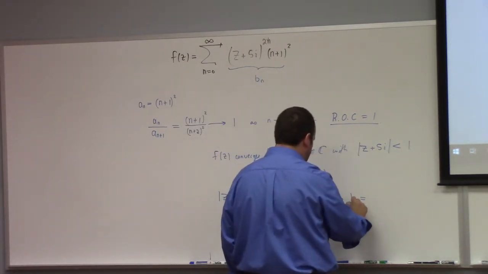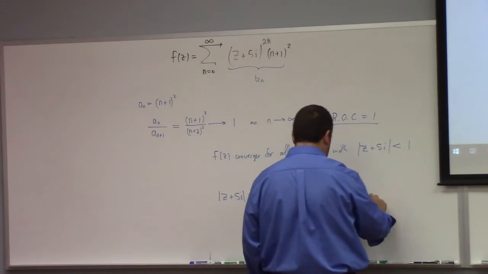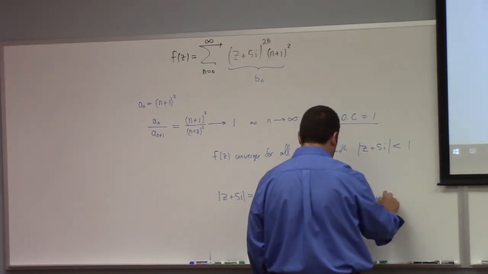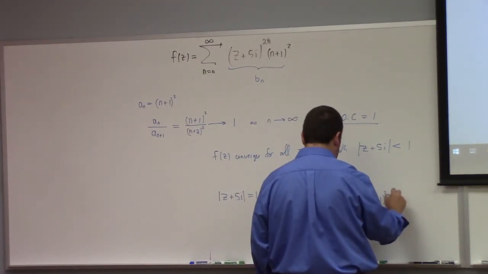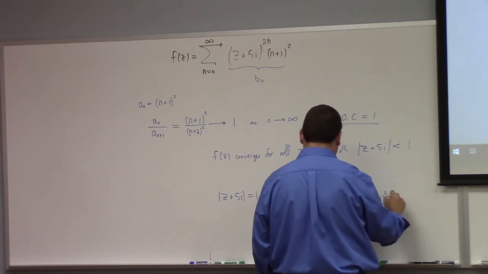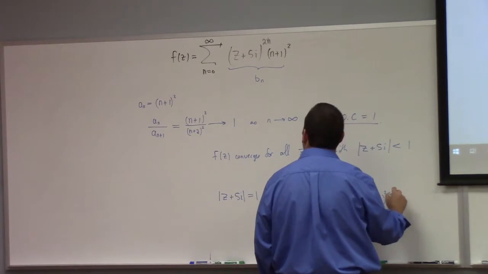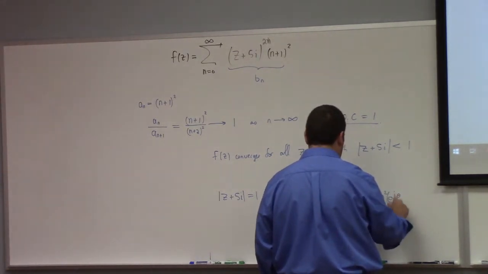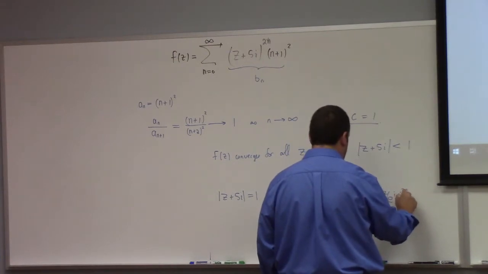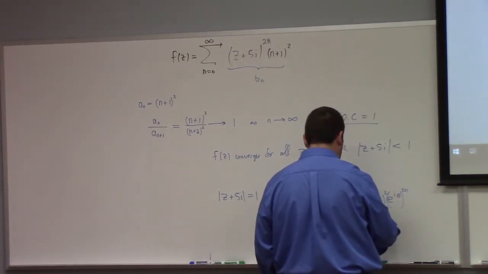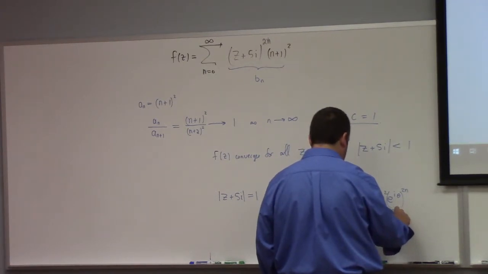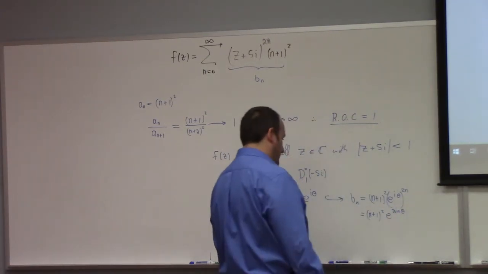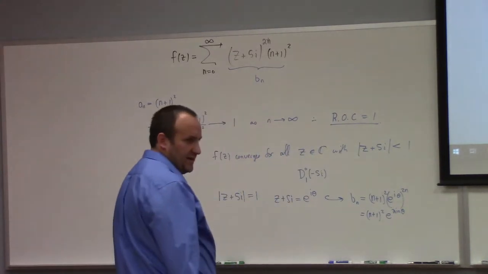So b sub n would be n plus 1 squared times e to the 2i n theta. What happens as n goes to infinity for that?